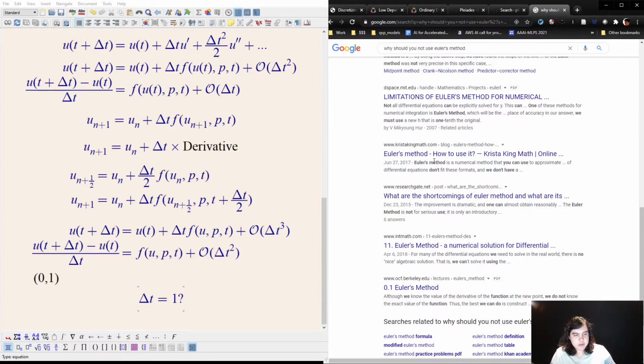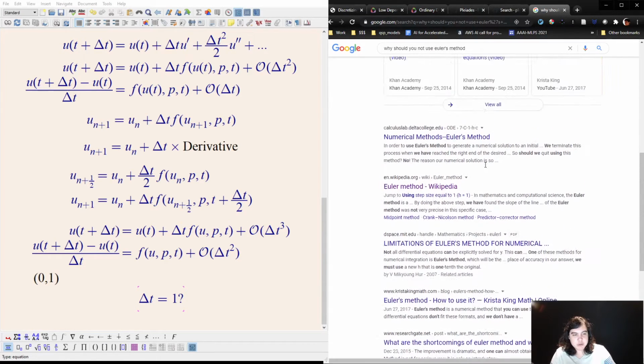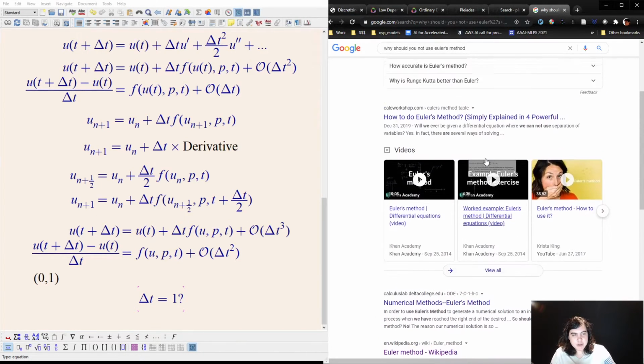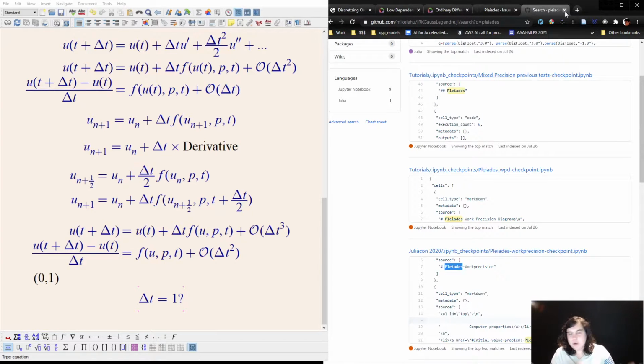I'll put a link to it in the lecture notes. I did an article a bit ago on the work precision of Euler's method against RK4 if you're curious, and on equations that have 4 derivatives defined, Euler's method is just not viable.